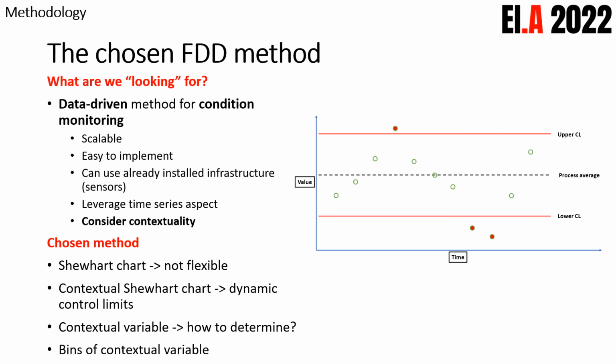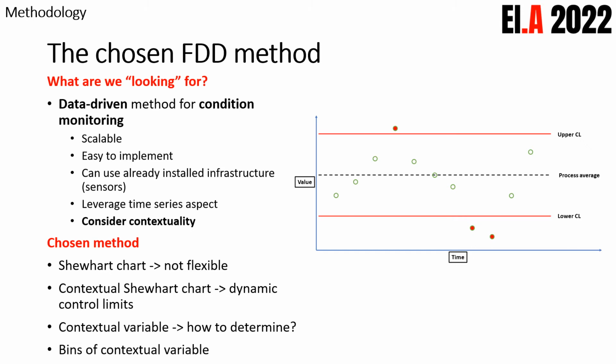The method chosen is the Shewhart chart, but a Shewhart chart works on very static control limits, where you have this process variable. You can see these are the measurements, and when they are outside these static limits, it's out of control, and a fault is detected. But I just said that we need dynamic control limits, because these limits change throughout the year.